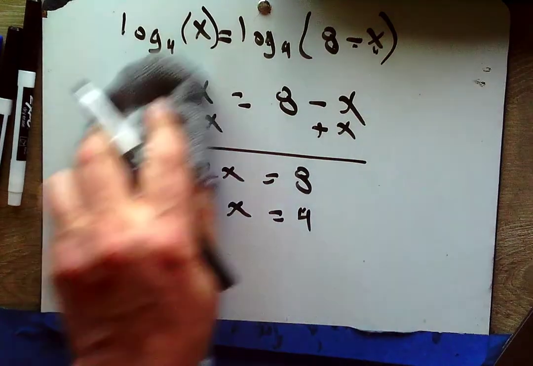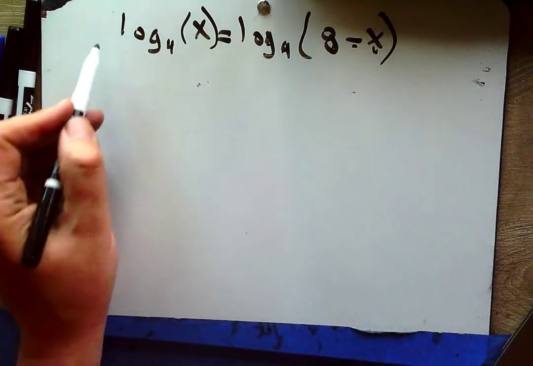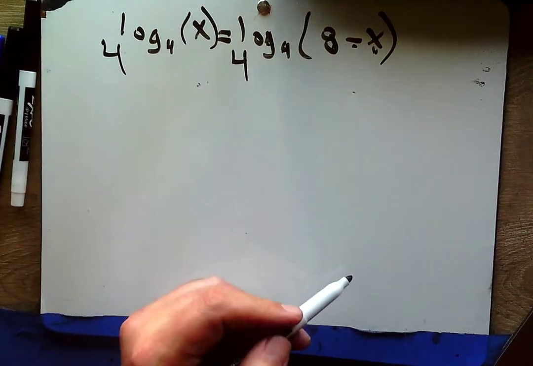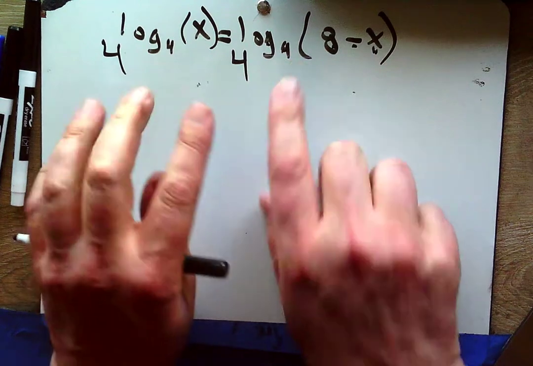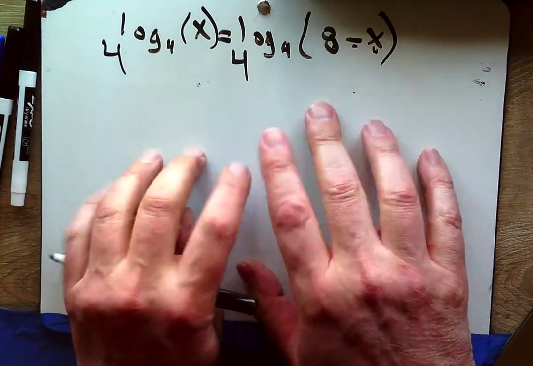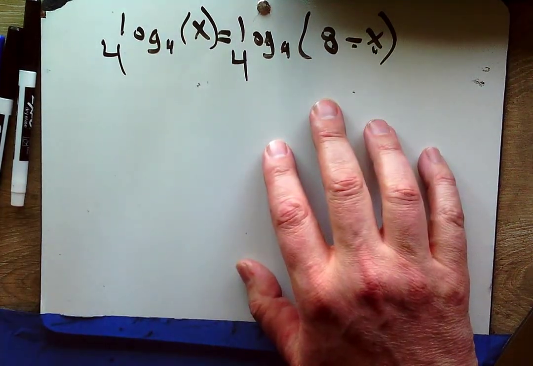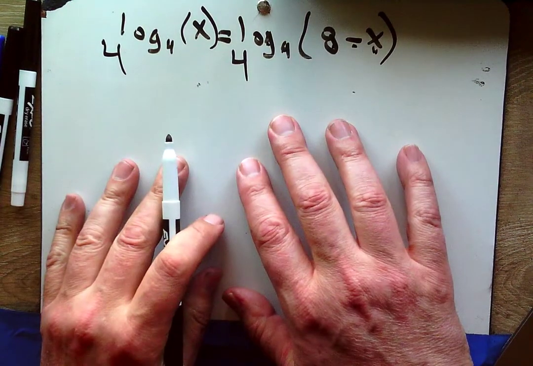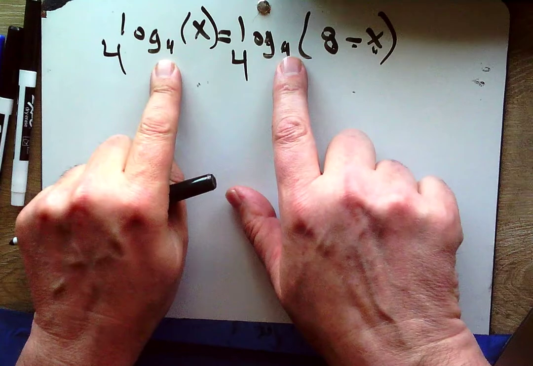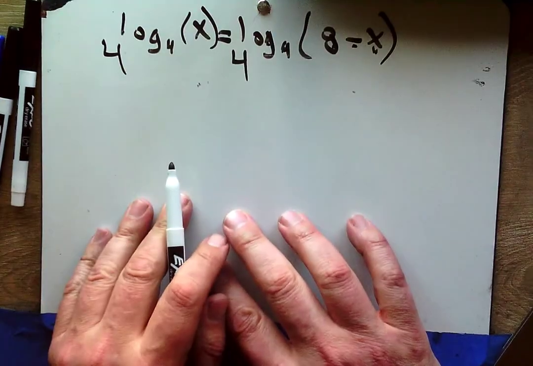Oh, and by the way, that wasn't the method I would do. I would exponentiate both sides. These will always be the same for us, but there will be situations that we see two videos from now where we really just can't say, oh, look, the bases are the same, so the arguments should be equal.